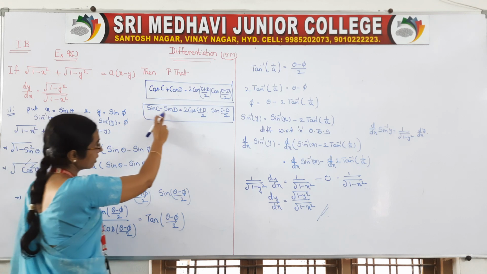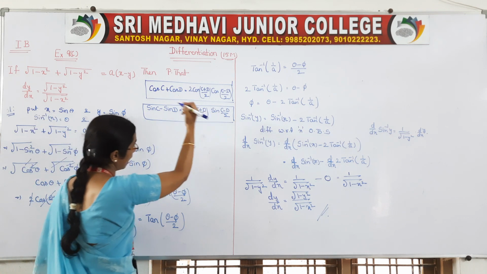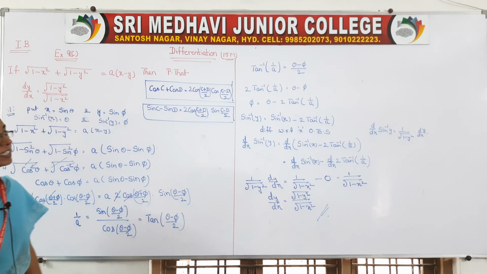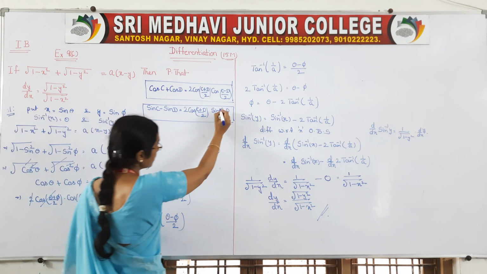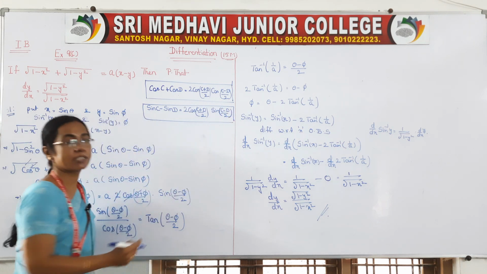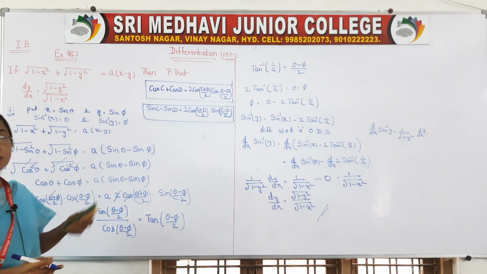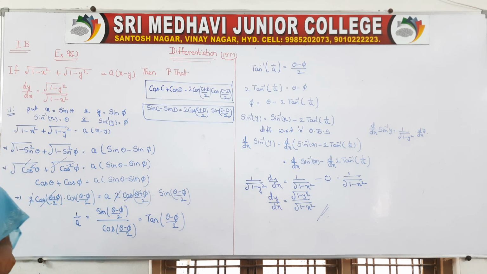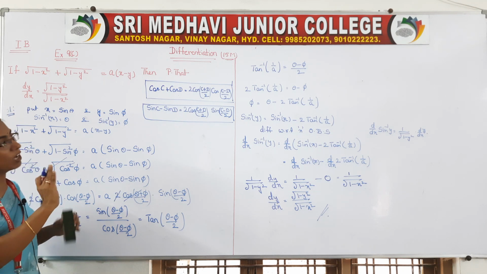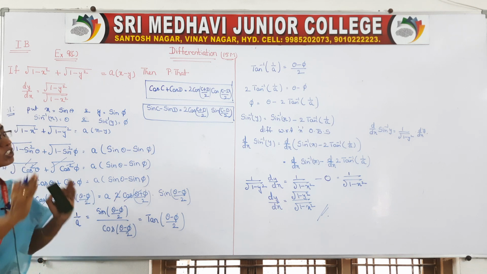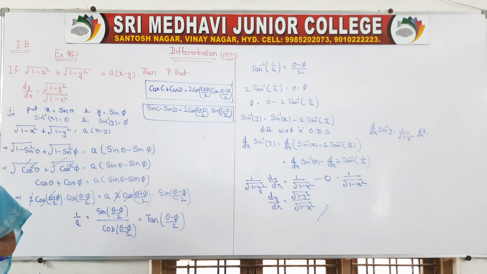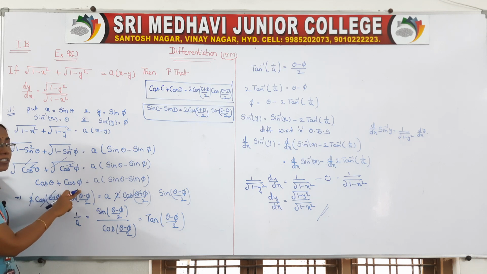Similarly, sin C minus sin D can be taken as 2 cos of (C plus D) by 2, sin of (C minus D) by 2. These are the formulas. Okay, if you write them 2-3 times, you will get familiar with the formulae. So again, formulas mean general form. Instead of C and D, we can have any two values. So here you are having theta and phi instead of C and D.